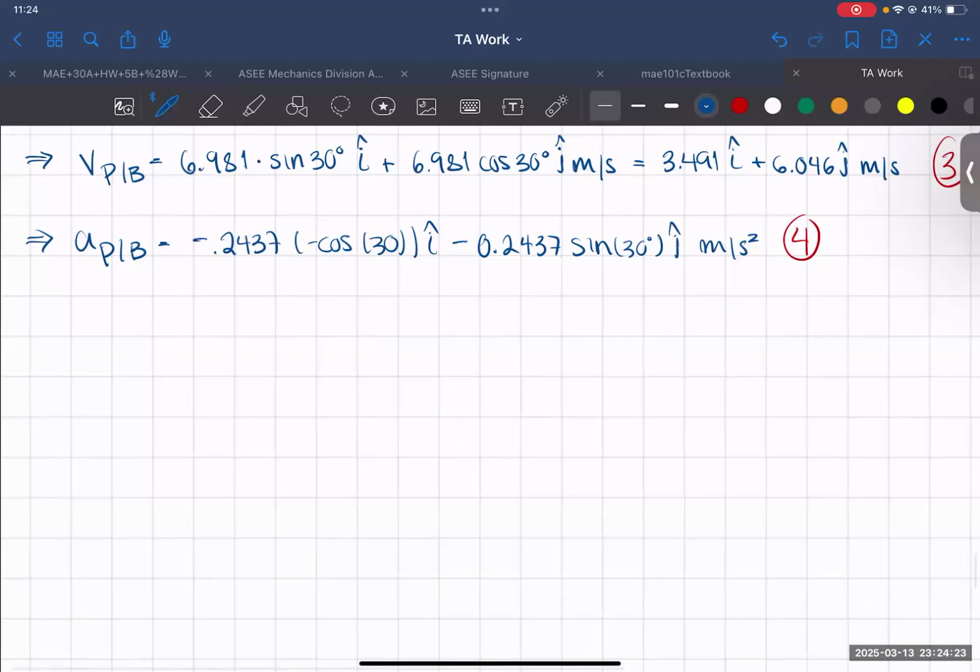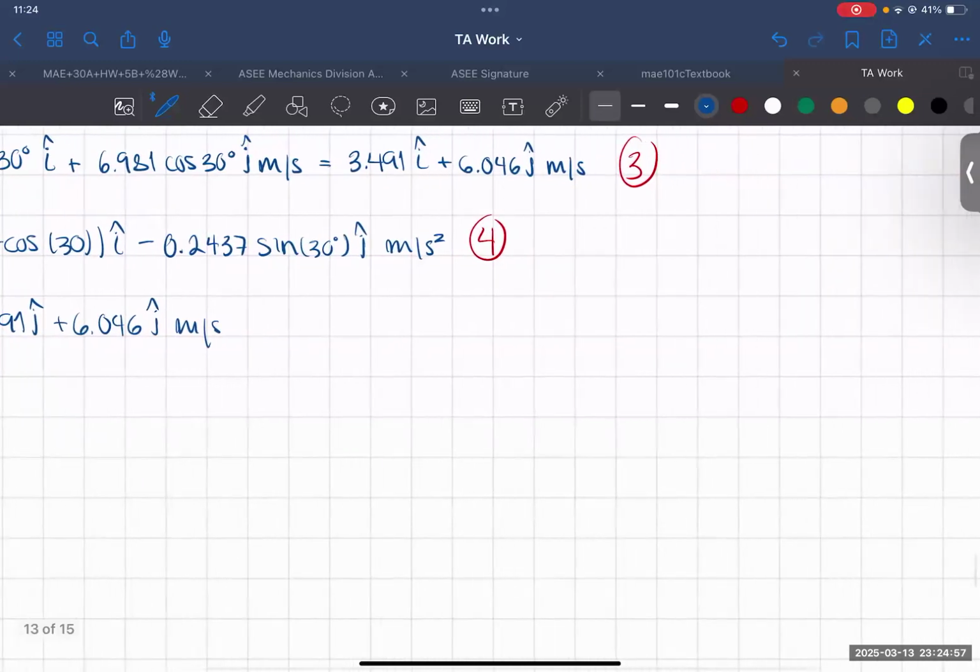We get 10.278 I hat plus 3.491 J hat plus 6.046 J hat meters per second.